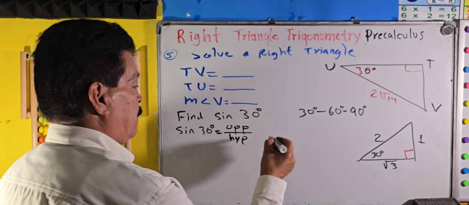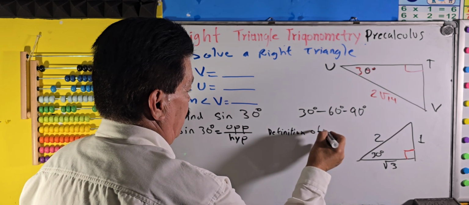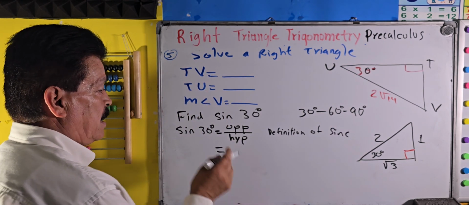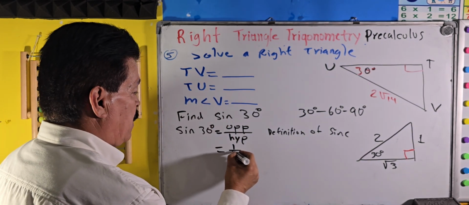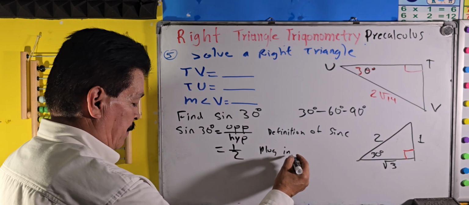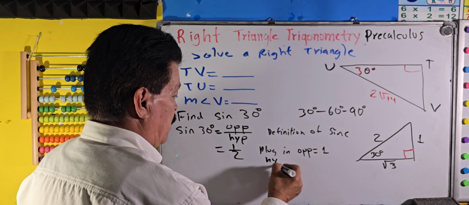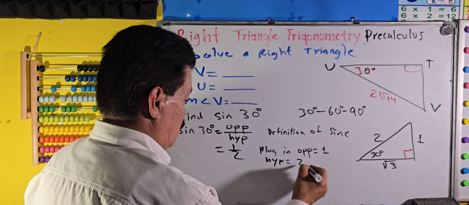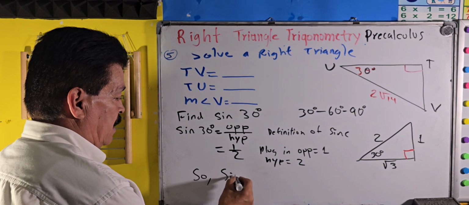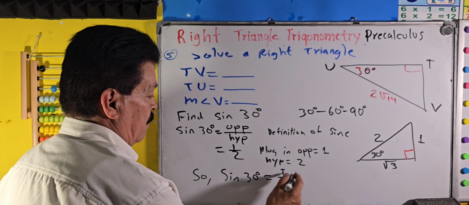This is the definition of sine, right? So this is equal to 1/2. We have the information right there. Let's just plug it in: opposite is equal to 1, and hypotenuse is equal to 2, right? So our answer, the sine of 30 degrees is equal to 1/2.